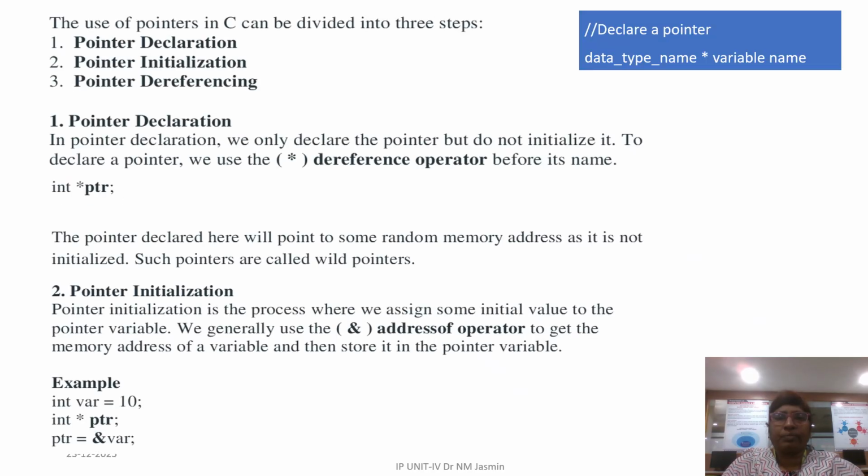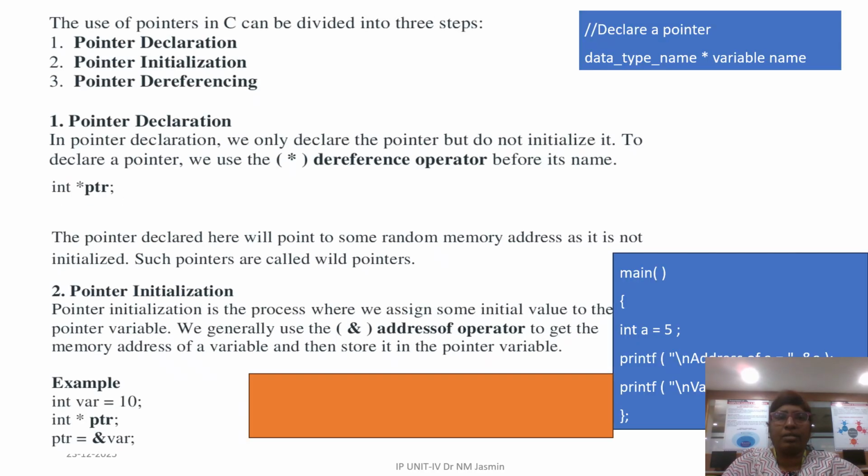Now for declaration and initialization of pointers, we basically have three steps in a C program: pointer declaration, pointer initialization, and pointer dereferencing. I'd like to explain the first two, beginning with pointer declaration. In pointer declaration, we only declare the pointer but do not initialize it.